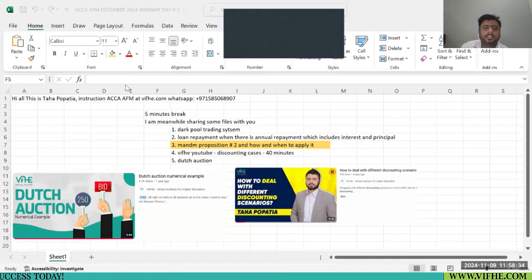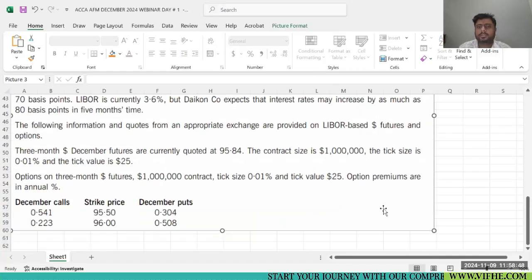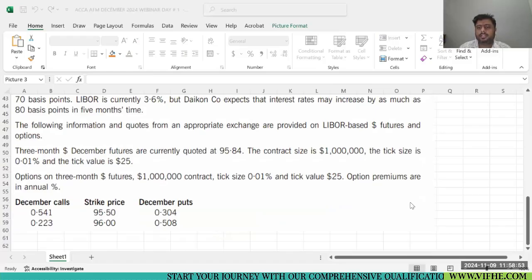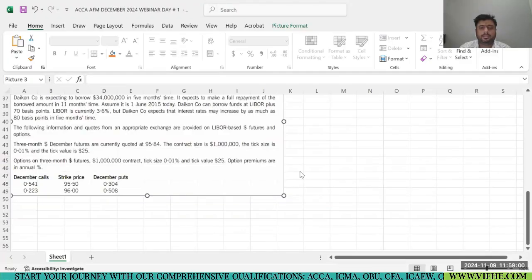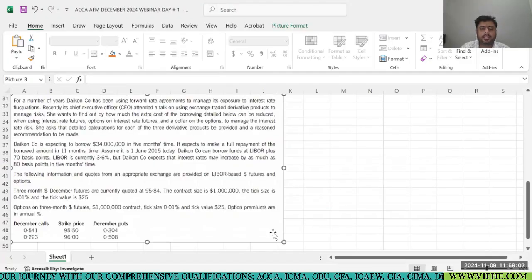This question is also on the portal actually, but there is a margin requirement from this question that I want to discuss. And then there is tick size, and then there are collars. So collars, margin, and tick size, everything is in this single question. That's why we are discussing this as well.